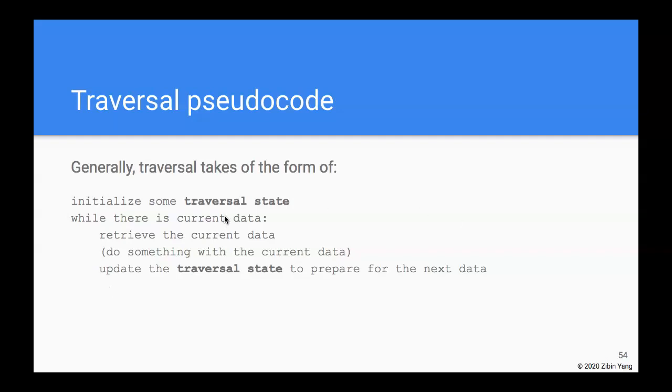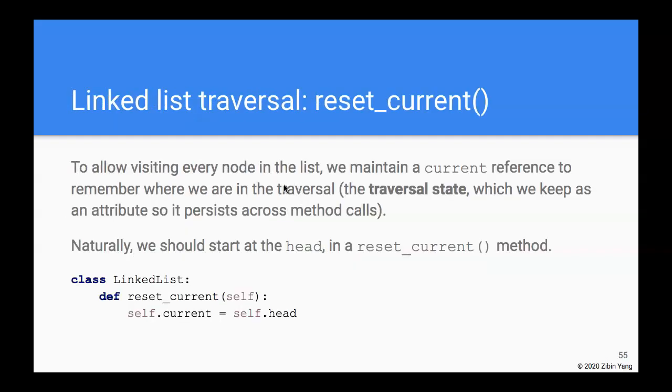So how would the linked list provide functionality for this? Well, first let's look at what the traversal state is. If we want to visit the whole linked list, the state that we should maintain is, like what we did in the dunder string method, a pointer pointing to, quote unquote, the current node, right?